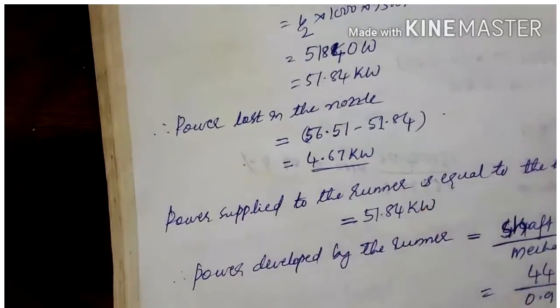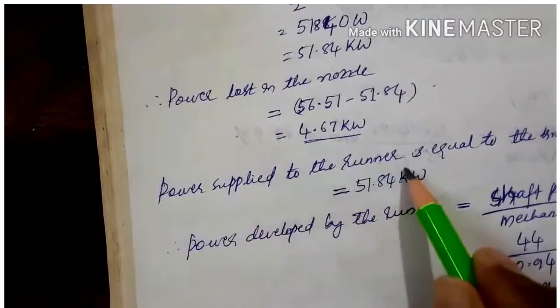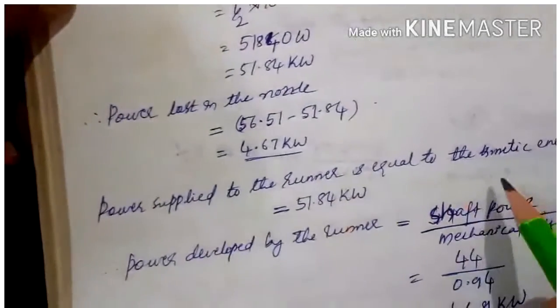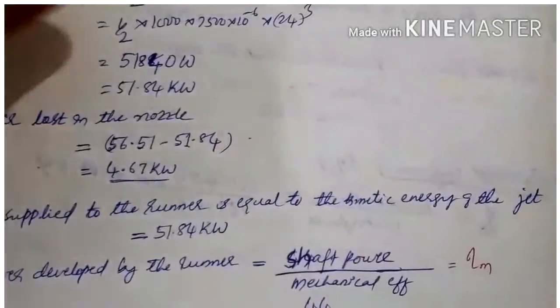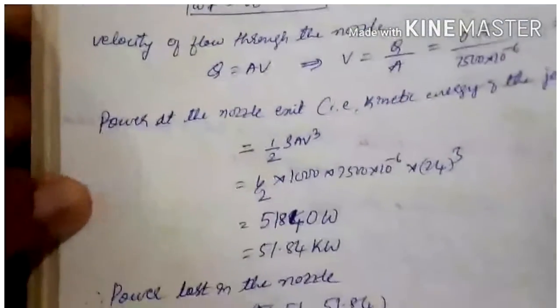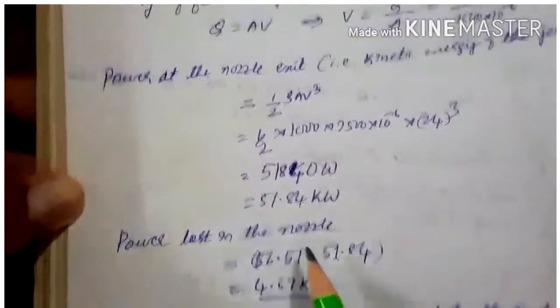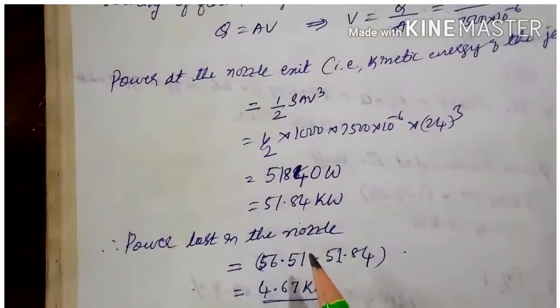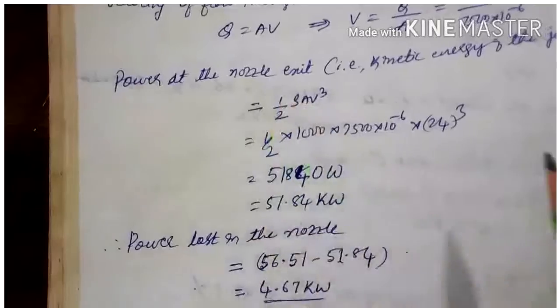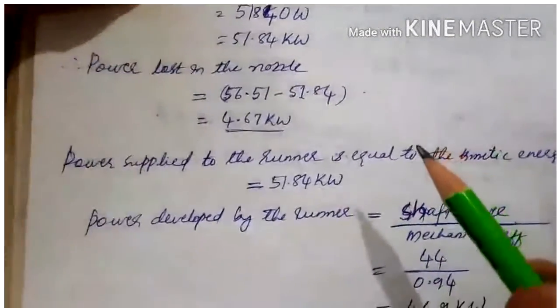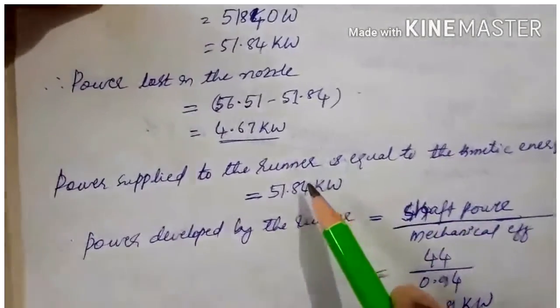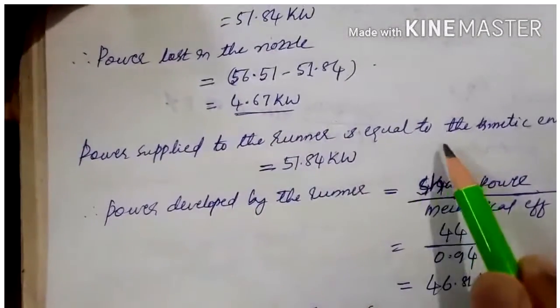Okay, next, the power supplied to the runner is equal to the kinetic energy of the jet. Whatever power is available at the nozzle exit, that same power is being transferred to the runner of the turbine.